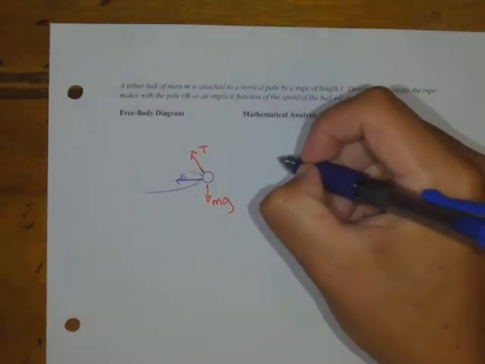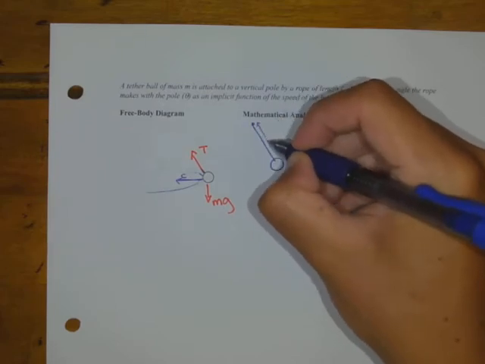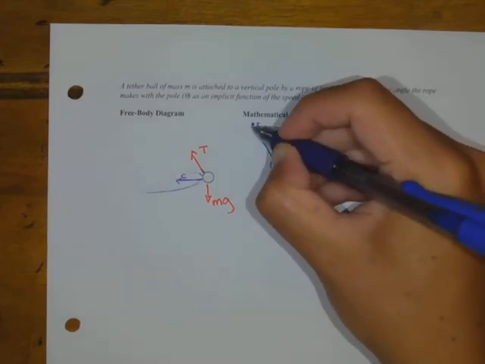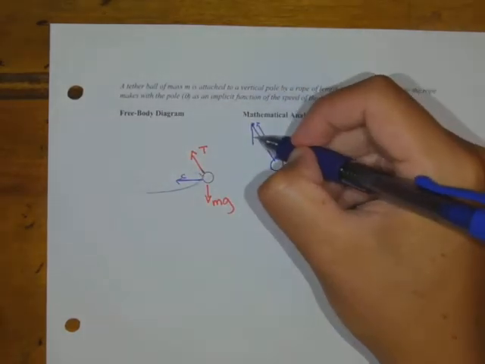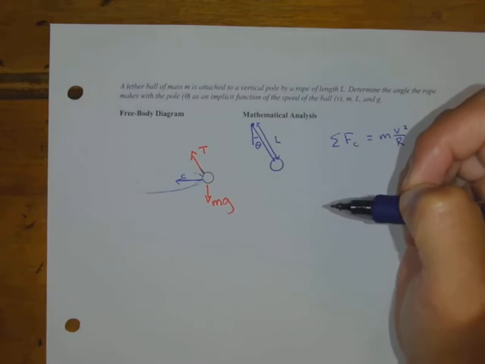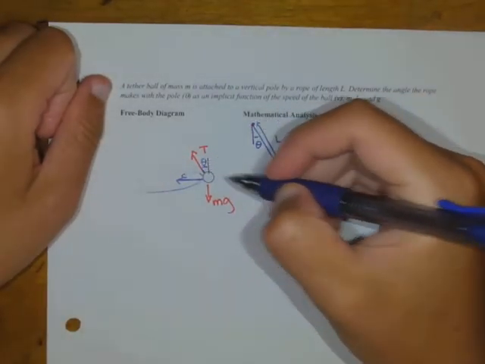Probably it would help to draw another picture here. So this distance here is the length of the string, and this is the angle that the rope makes with the pole. That's theta, which means this angle is also theta.